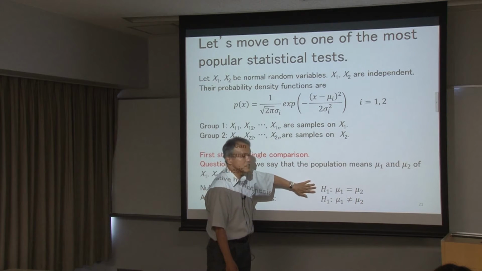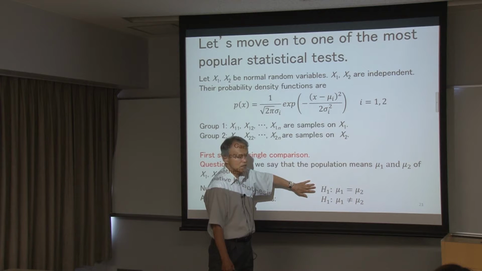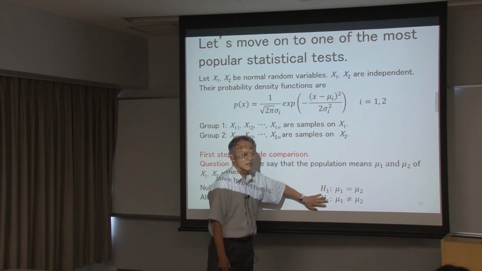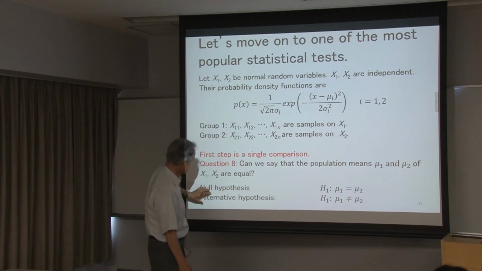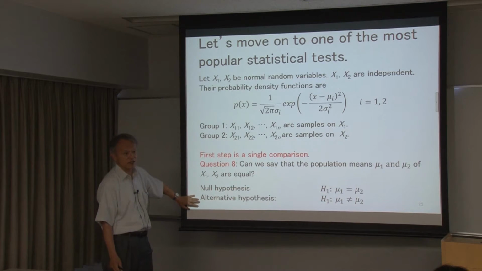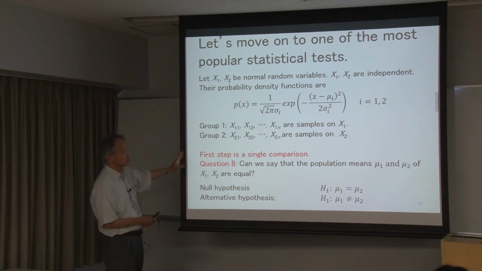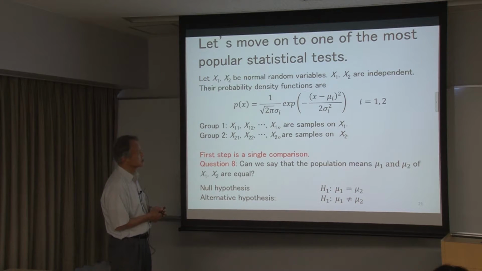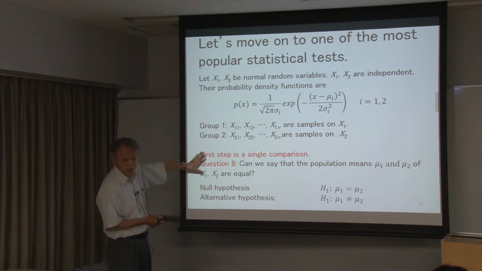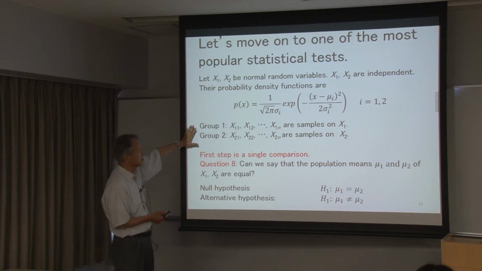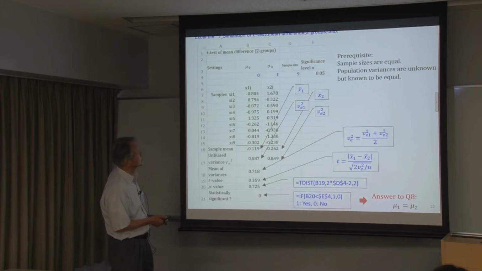You want to reject this null hypothesis because you want to prove that your method is better than the conventional one. You want to accept this alternative hypothesis. This is a setting of the t-test. This is another t-test. This is not multiple comparison, just a usual case of the comparison of these two means.